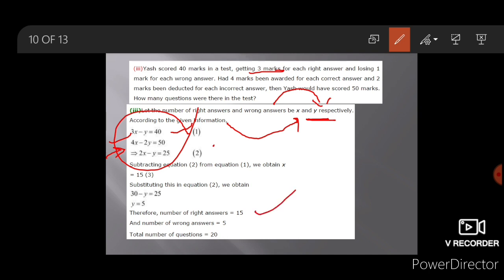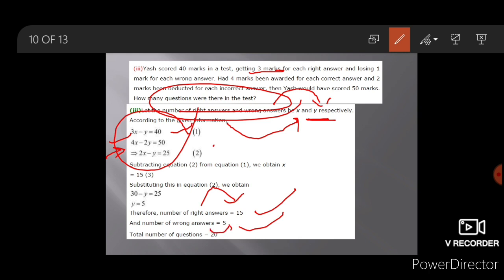The number of right answers given by Yash is 15 and the number of wrong answers is 5. But our question is how many questions are there in the test? Obviously Yash has marked each and every question. It means that the total number of right answers is 15 and wrong answers is 5.